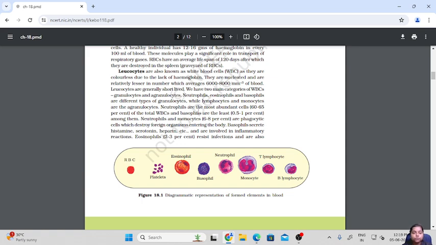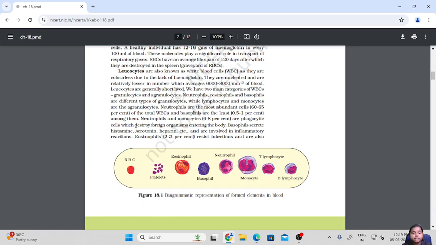Neutrophils are the most abundant cells, 60 to 65% of the total white blood cells, and basophils are the least abundant. Monocytes constitute around 6 to 8%.